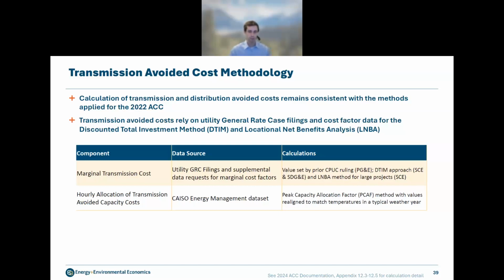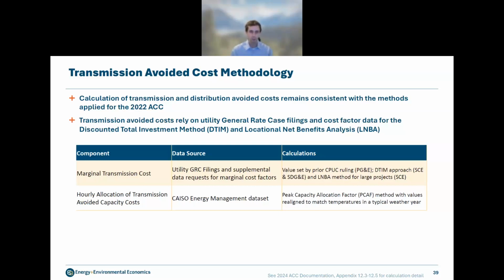But for PG&E, it basically stops there, since in the most recent GRC approved, their final value was set by the commission, and that remains in place. For both SCE and SDG&E, we actually use two different approaches in combination: the discounted total investment method, or DTIM, and a locational net benefits analysis, or LNBA method.